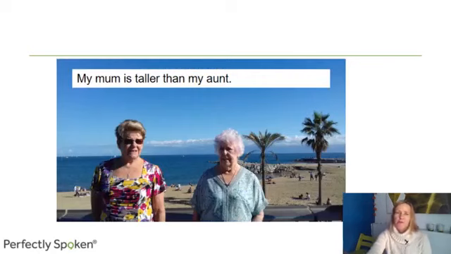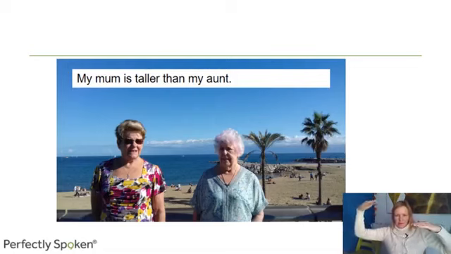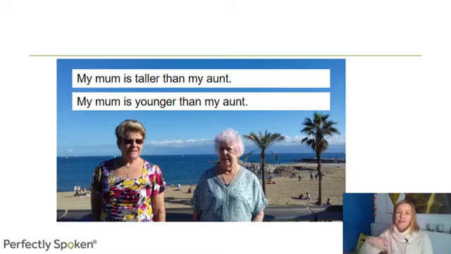Here you can see a bit better. My mum is taller than my aunt. So my aunt is here and my mum is here. And my mum is younger than my aunt. Now this is true because my mum is 74 and my aunt is, I think, 81. So there's definitely a difference in the age. So my mum is younger than my aunt.